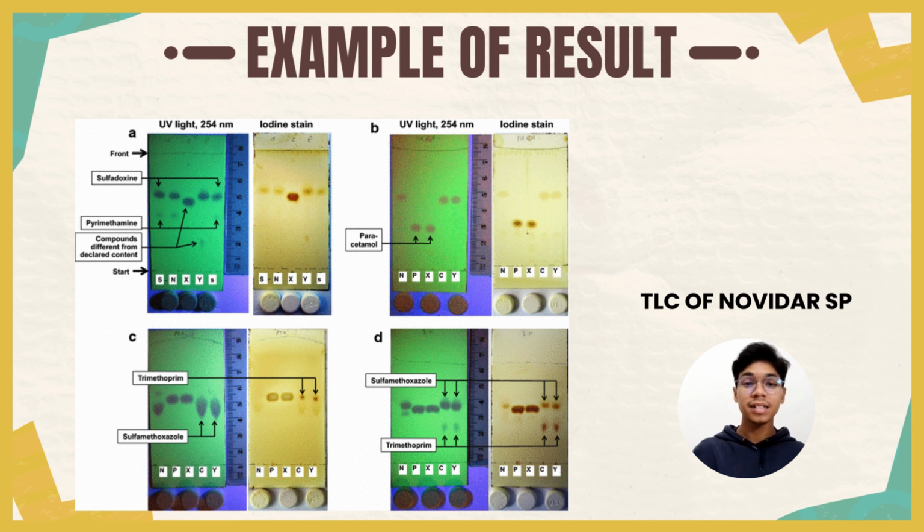With the presence of UV light and iodine stain, the result we will get if there is any presence of the drugs will be shown as in the diagram prepared.